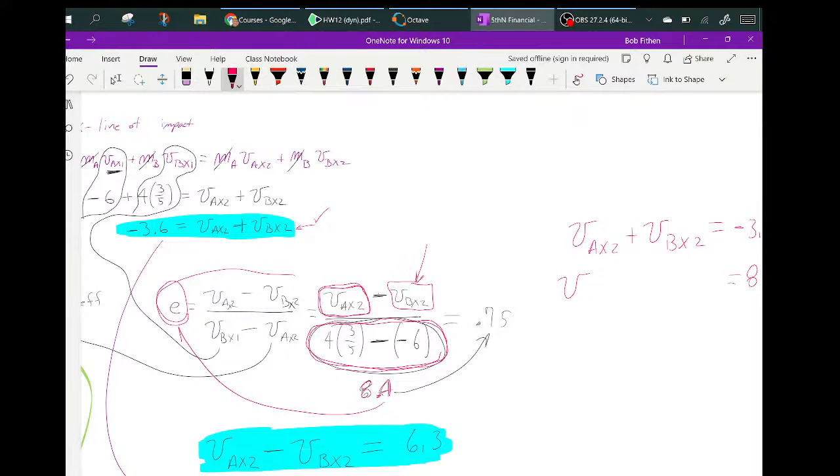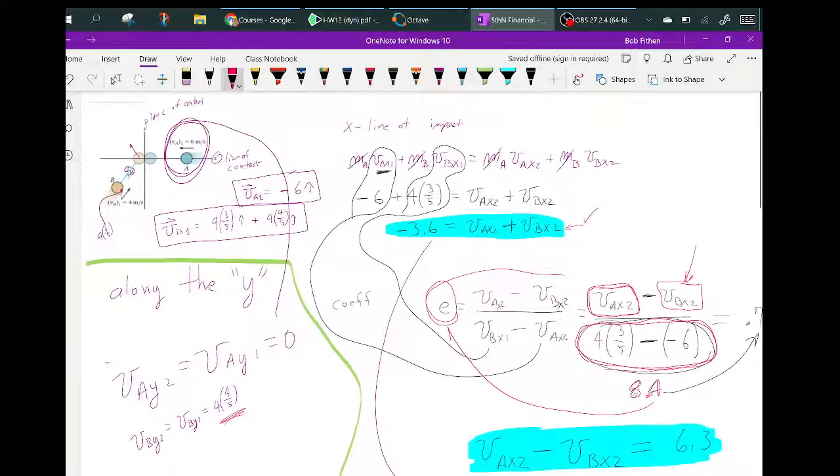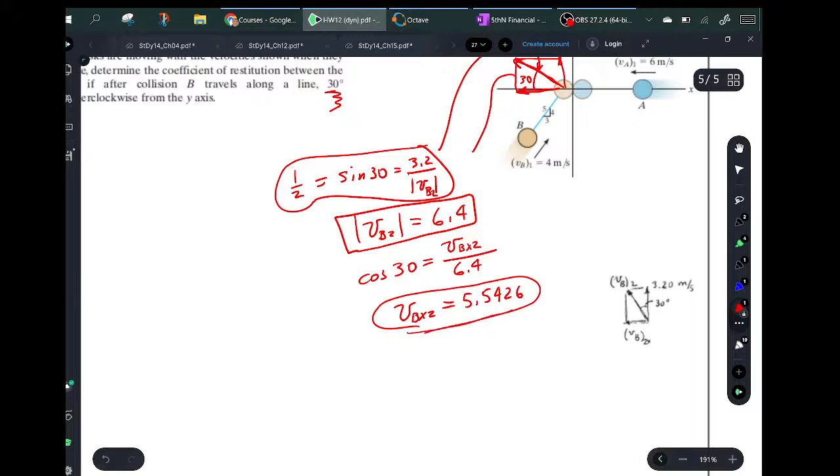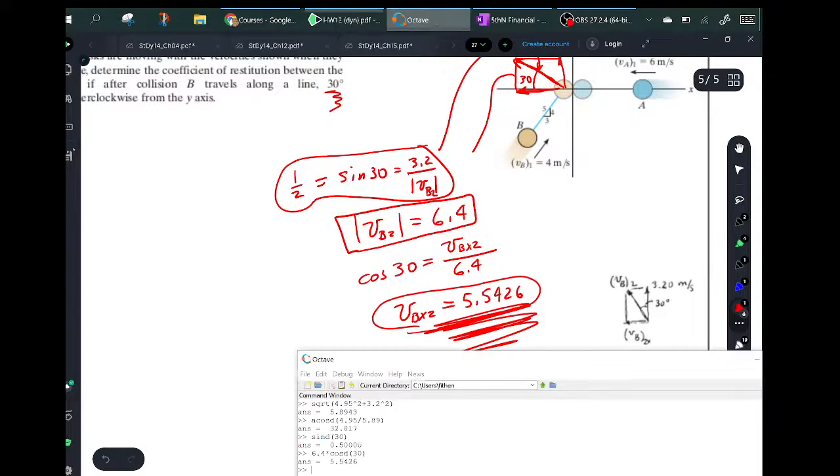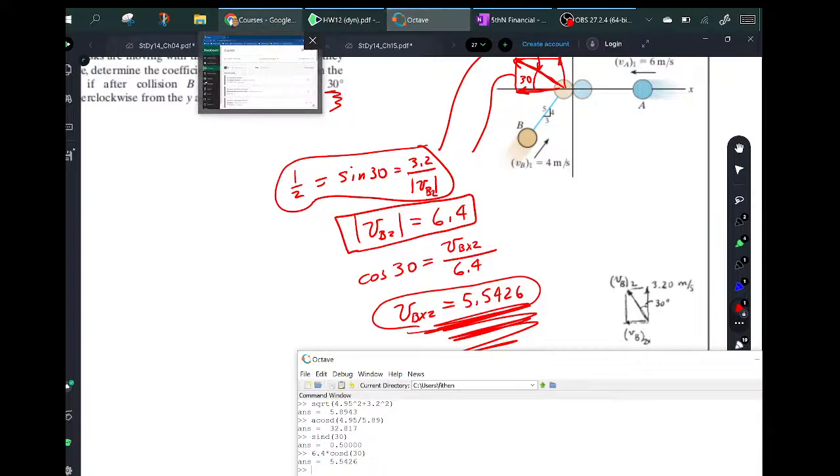I know that one. That's the final velocity of the ball, ball B, that was 5.5426.